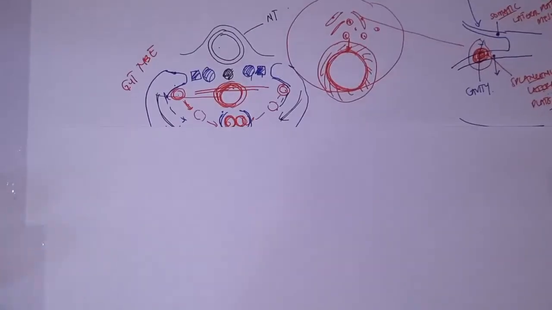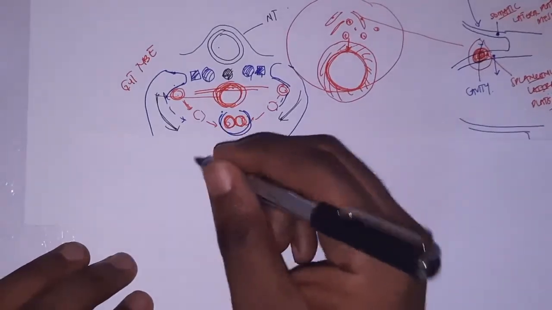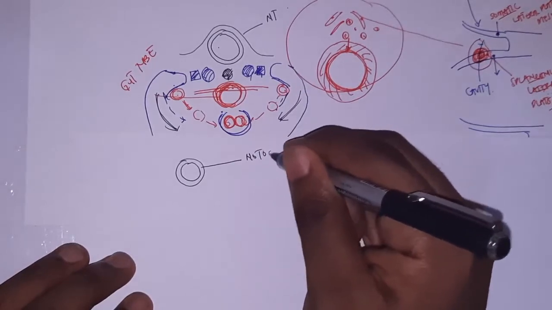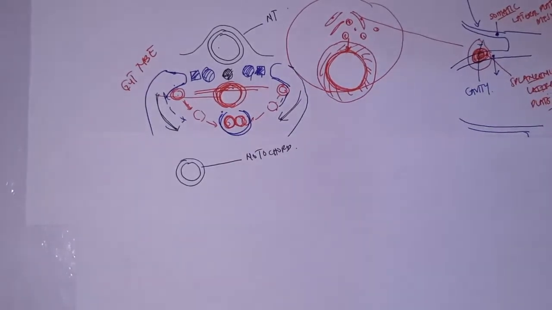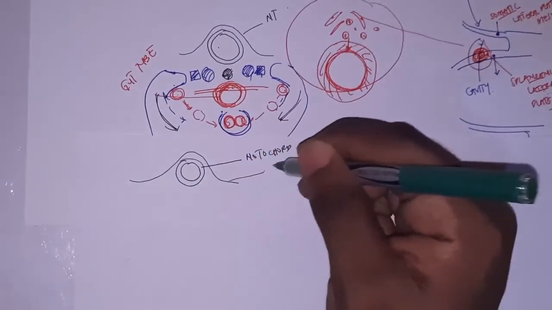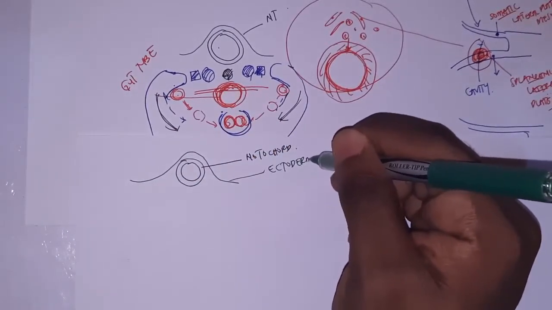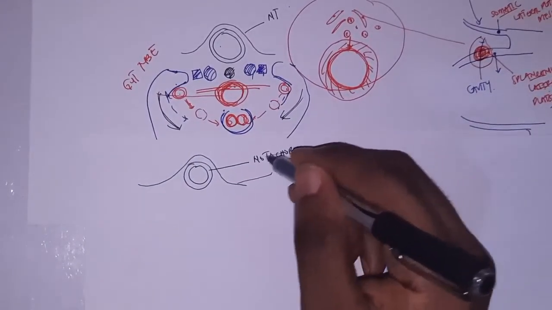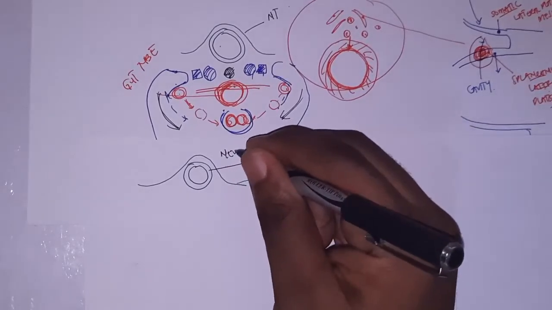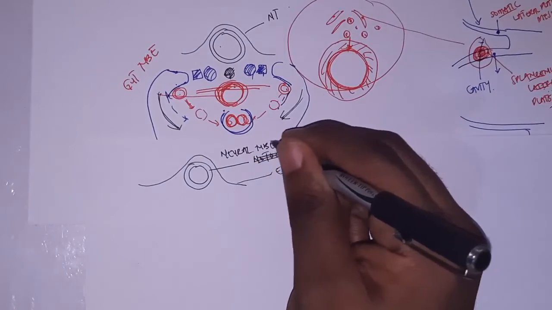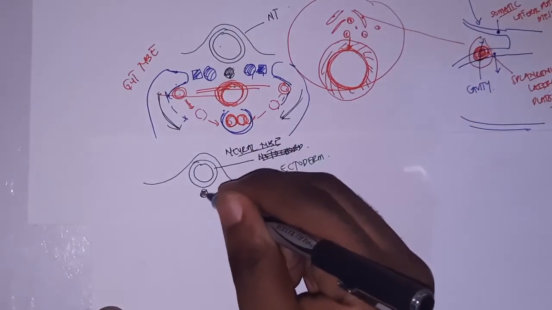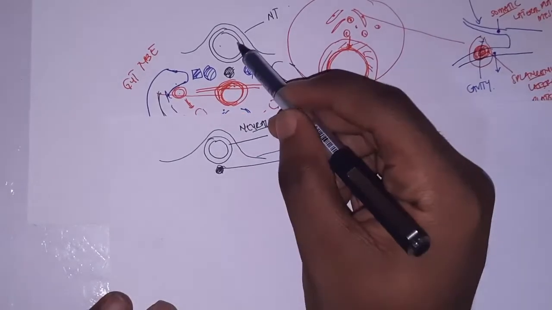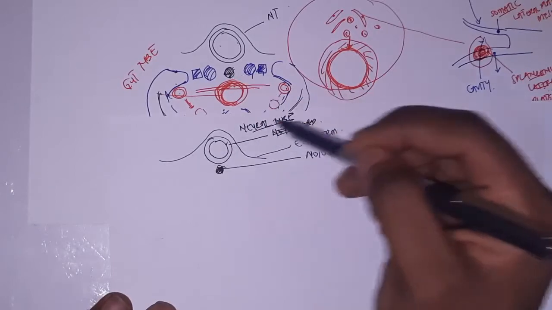Okay, so remember, you have the notochord, and you have the ectoderm. Sorry, not the notochord. This is the neural tube with the notochord under. So neural tube, notochord, ectoderm.